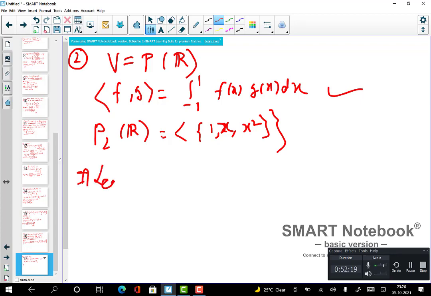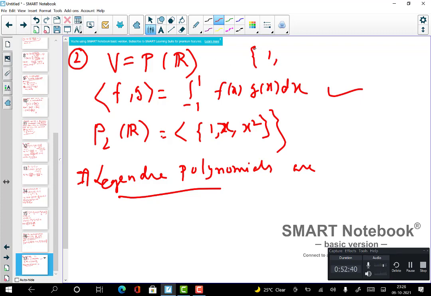Legendre polynomials are the orthogonal basis of the standard basis of P_n(R), that is 1, x, x square, and so on, with respect to the Gram-Schmidt method.